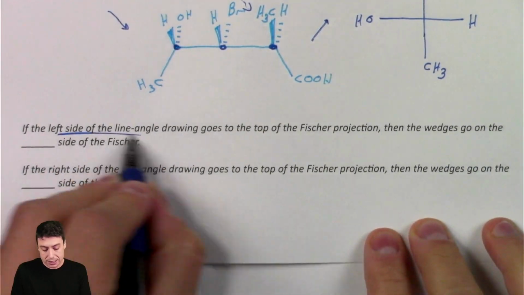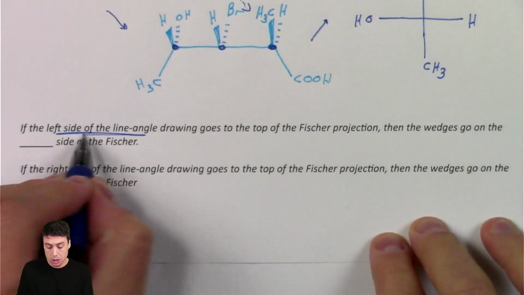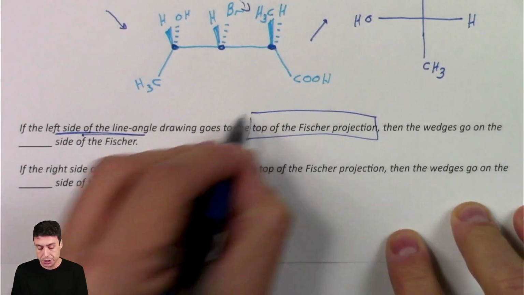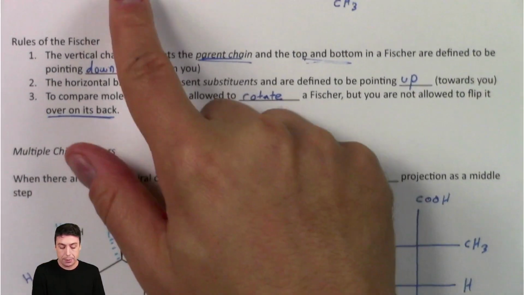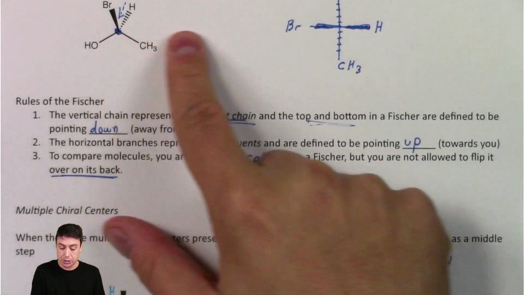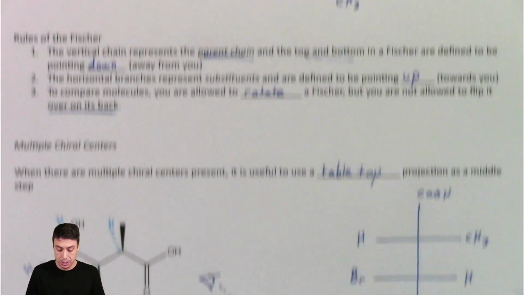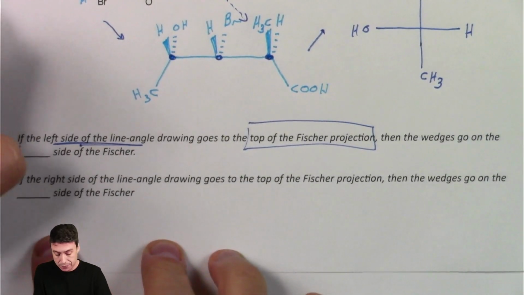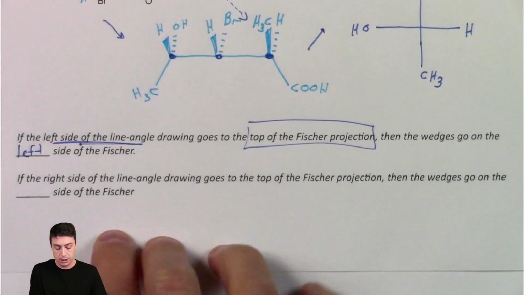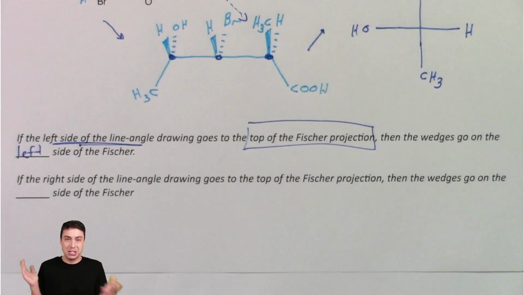If the left side of your line angle drawing goes to the top of the Fischer projection, like the first one that we did, well, in that case, what happened to your wedges? The wedges go to the left of the Fischer. So you say if the left side goes to the top, then wedges go to the left side of your Fischer. And then again, by definition, the opposite must be true.